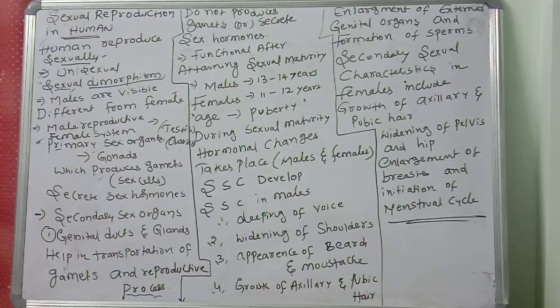The glands will not produce any hormones. Only the gonads, testes and ovaries, can produce the hormones. Tomorrow we will discuss the male and female reproductive parts, organs and functions. Okay, children, thank you.